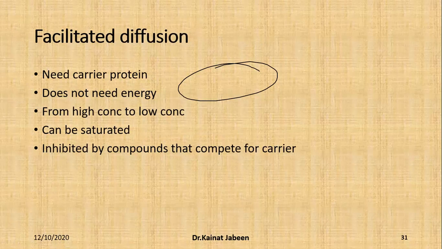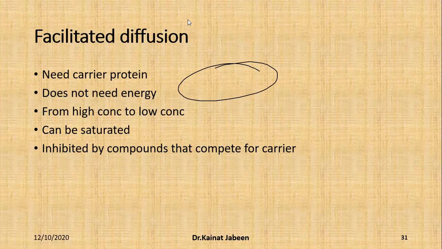Okay, the next thing is facilitated diffusion. Facilitated diffusion is also a type of diffusion in which the drug moves from a high concentrated area to a low concentrated area, but it needs carrier proteins. On the membrane, there are proteins which act as carriers and move the drugs from the high concentrated area to the low concentrated area.